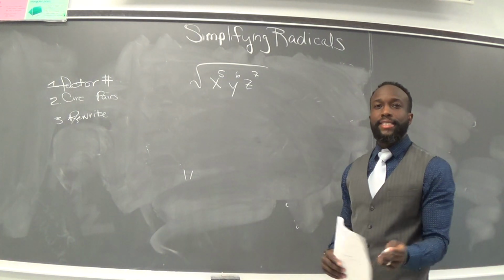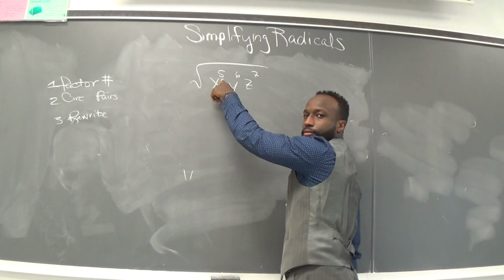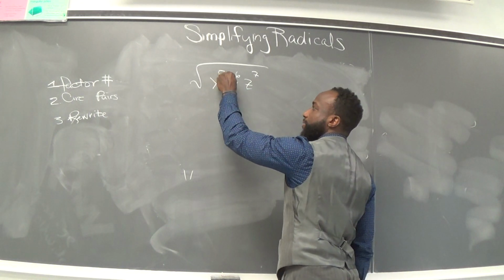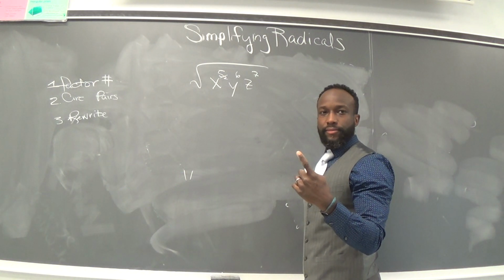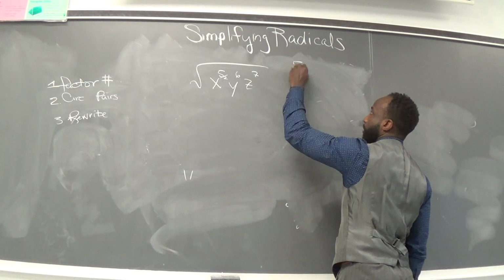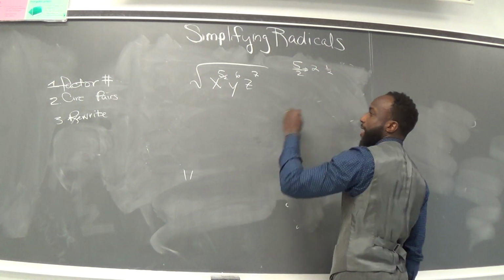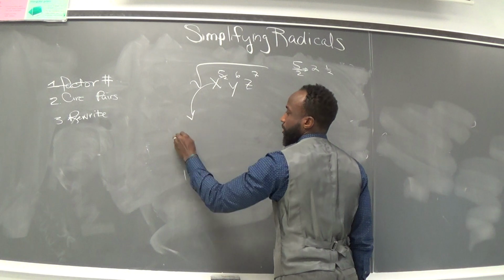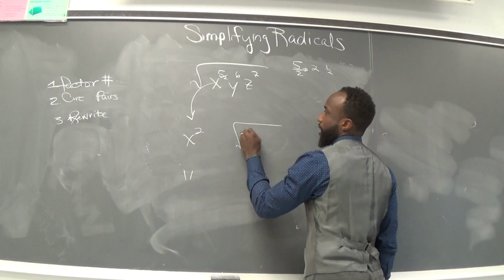So here's the thing. Let's look at this again, just like I said before. You got x to the 5th, right? If you divide this by 2, you get what? You get 2, and then you have 2 and a 1/2 left, right? So that means you can pull 2 out, and you got an x still.